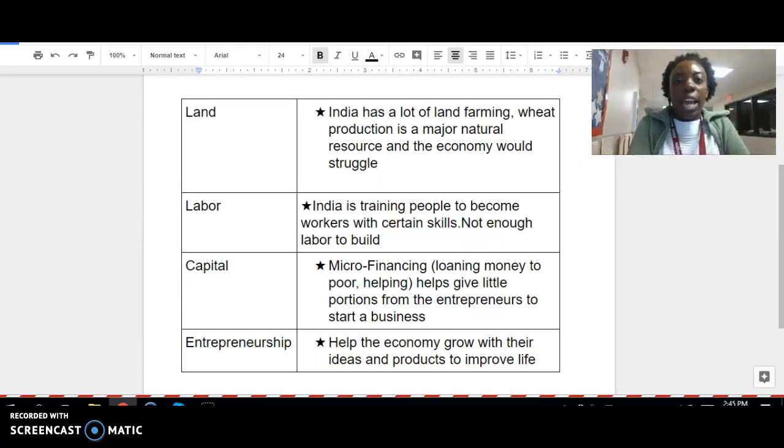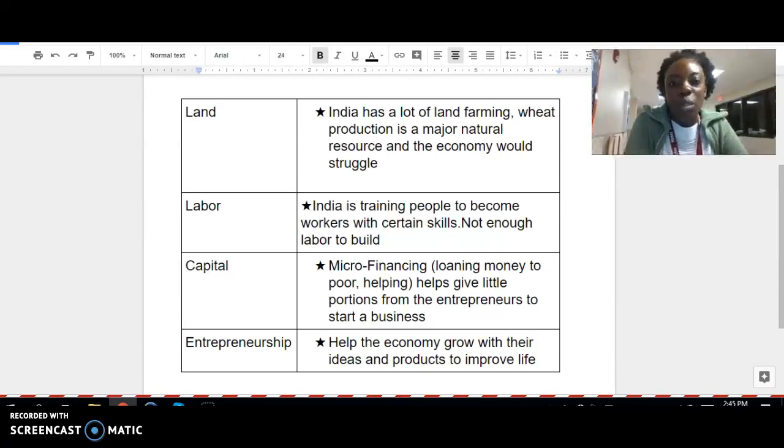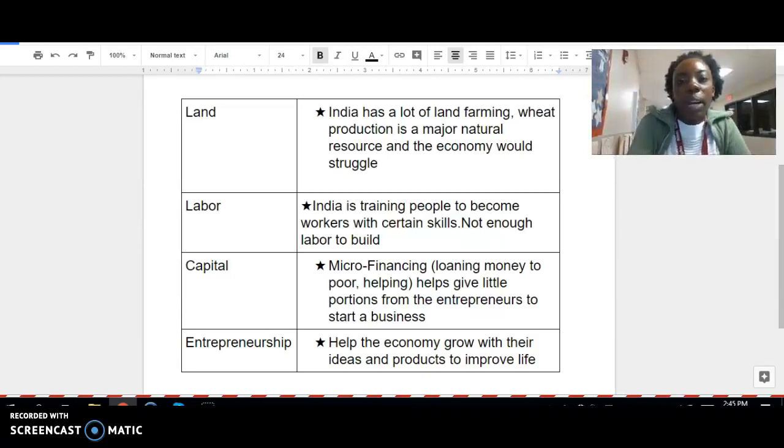Another example is that India is lacking skilled laborers. If they don't have people to do work, then people cannot make money. It can't make the economy grow. So in some instances, India is training people to become workers in certain skills.